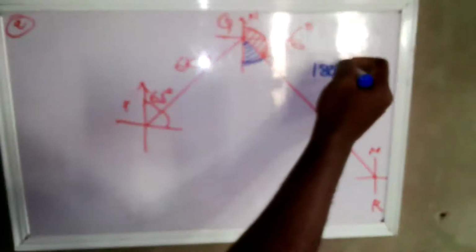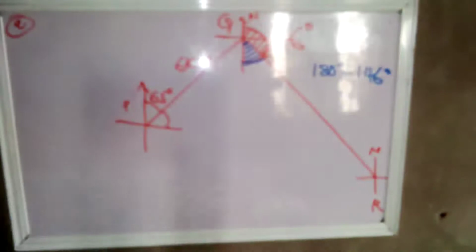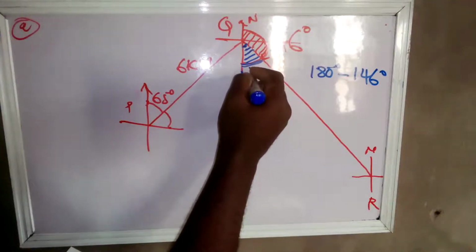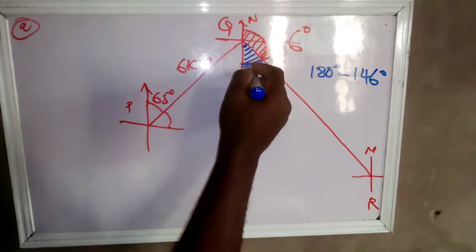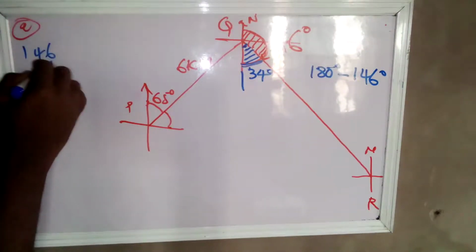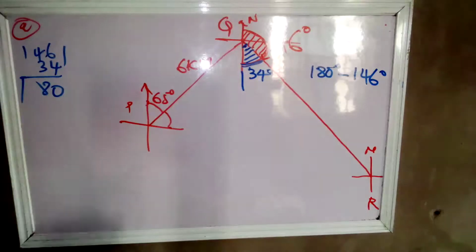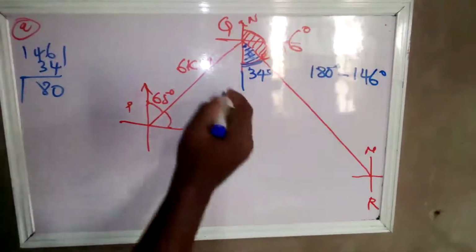That will be 180 degrees minus 146, which is 34. So this place will be 34, and if you add 34 to 146, everything will be 180.